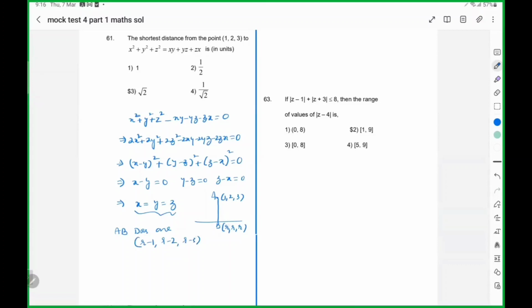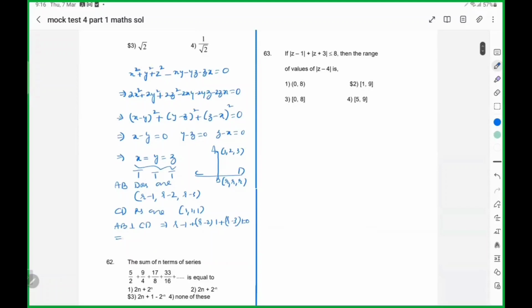And this line CD has DRs x by 1, y by 1, z by 1. AB and CD are perpendicular, so the dot product is 0. From here we can write 3r = 6, r = 2, which implies B coordinates are (2, 2, 2).